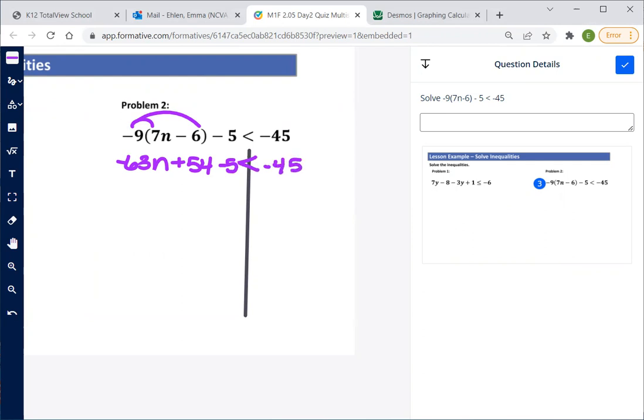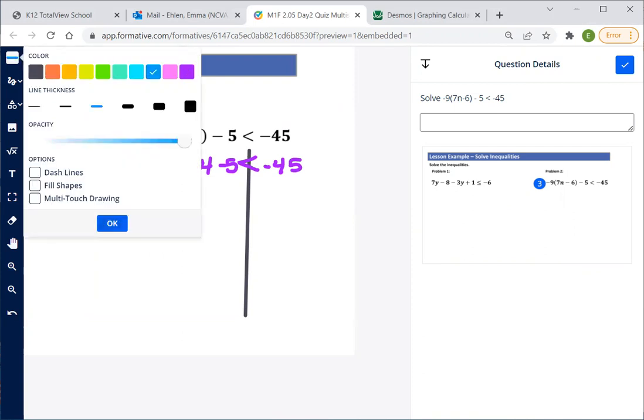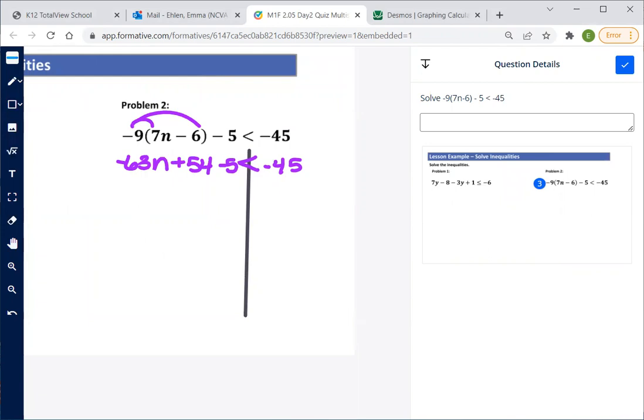Then we have some like terms here that we need to combine. So let me switch some colors so we can see our like terms. We have +45 or 54. I think I said 45 last time. Then we get -63n, and +54 minus 5 is +49, is less than -45.